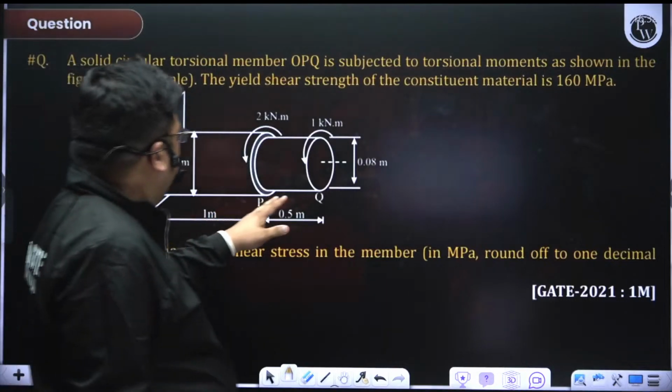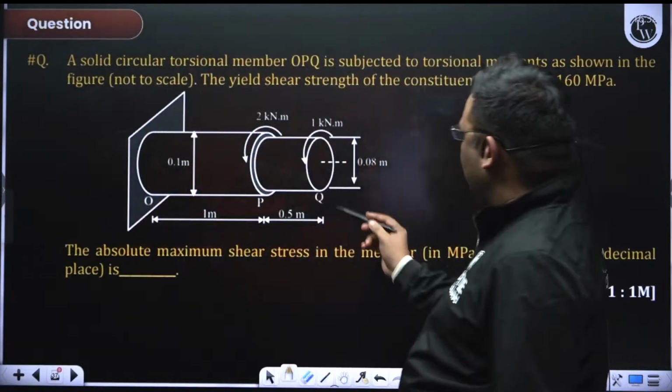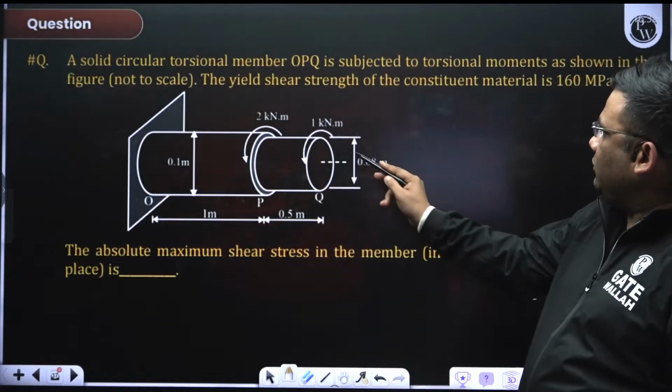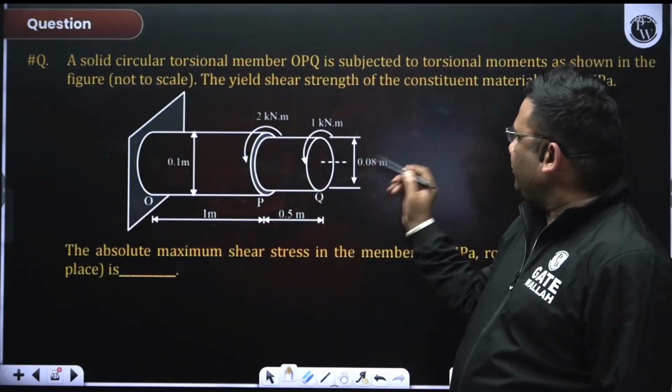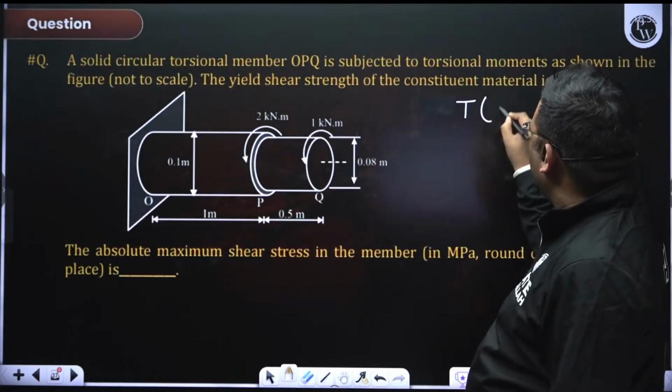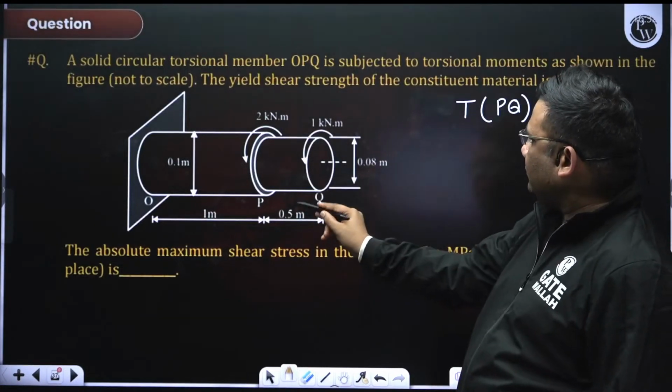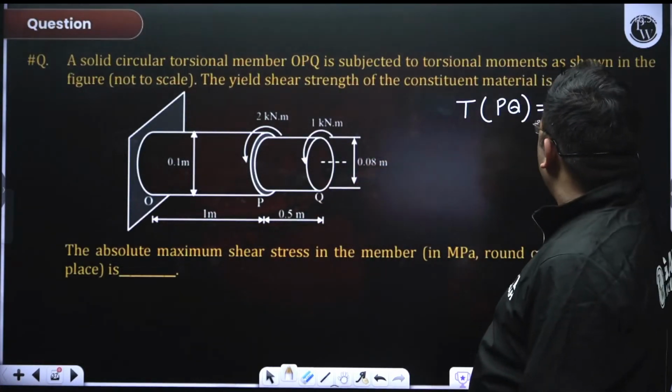You see, there are two parts of the shaft: this PQ part and the OP part. If I look at the torsion in the PQ part, it is 1 kilonewton meter, right?